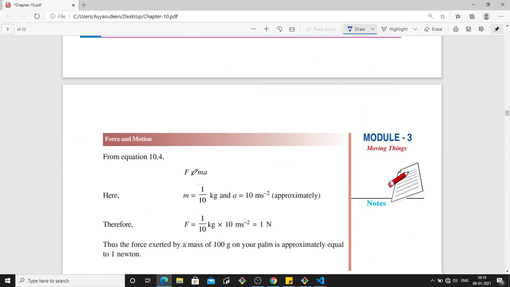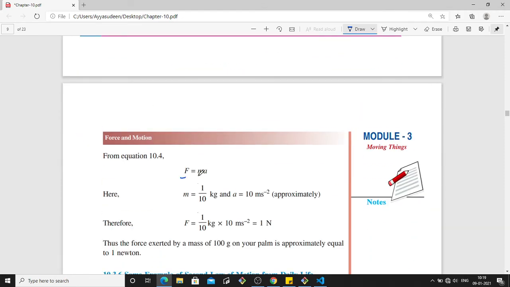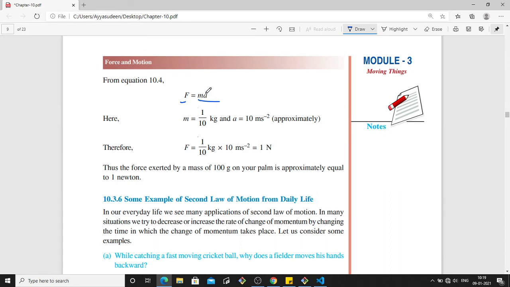We have this formula: force is equal to m a, mass into acceleration. Here m is equal to 1 by 10 kg, because 1 kg is 1000 grams, so 100 grams is 1 by 10 kg.